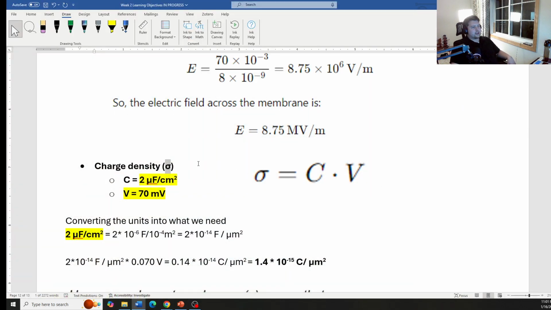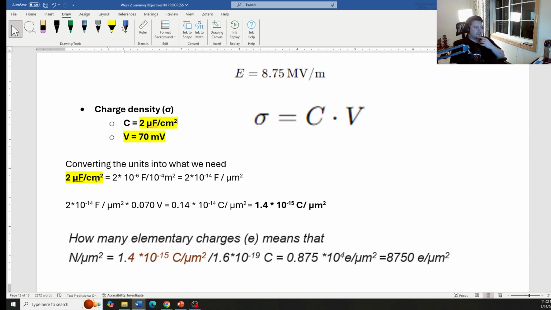Anyways, sigma is equal to C, our capacitance, multiplied by our voltage. We were given those values so we can plug them in. But of course, had to make it more complicated.